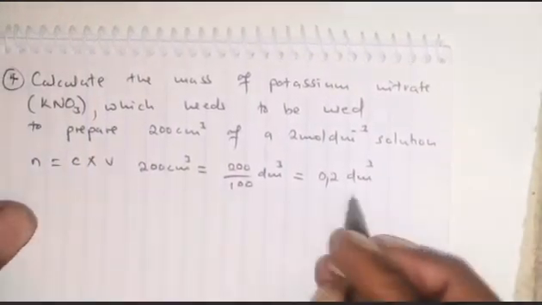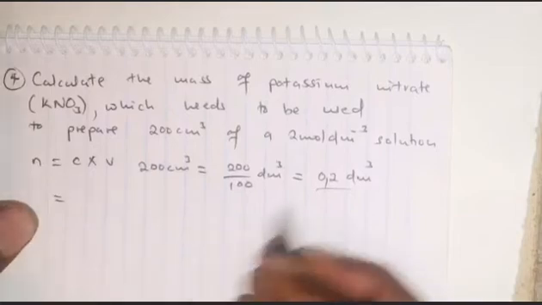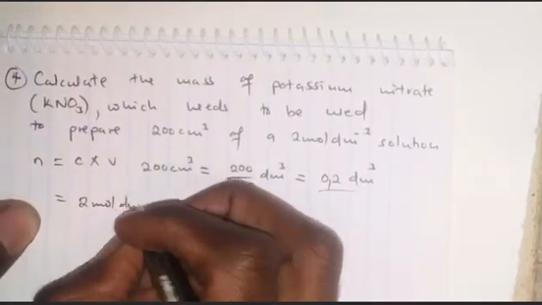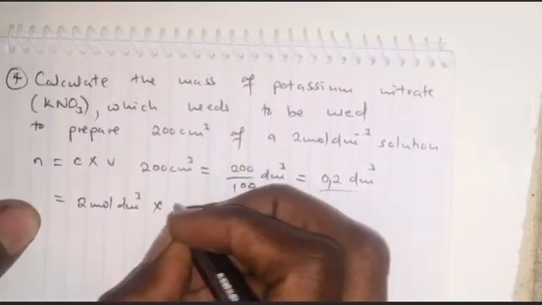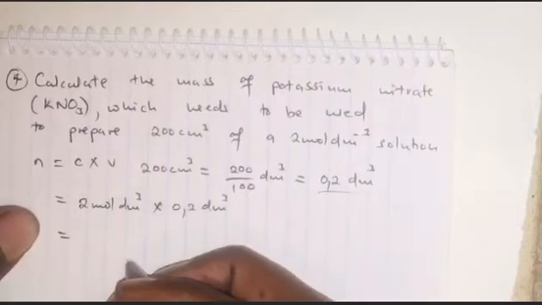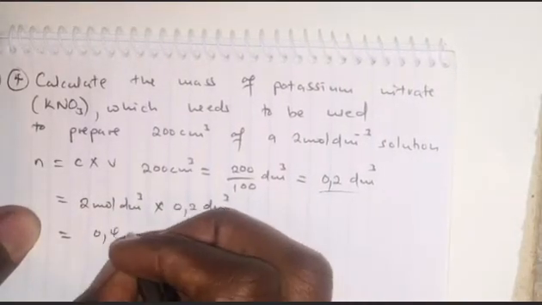That's my volume. Then the concentration, of course, is 2 mole per dm cubed multiplied by the volume 0.2 dm cubed. Then of course this gives me 0.4 moles.